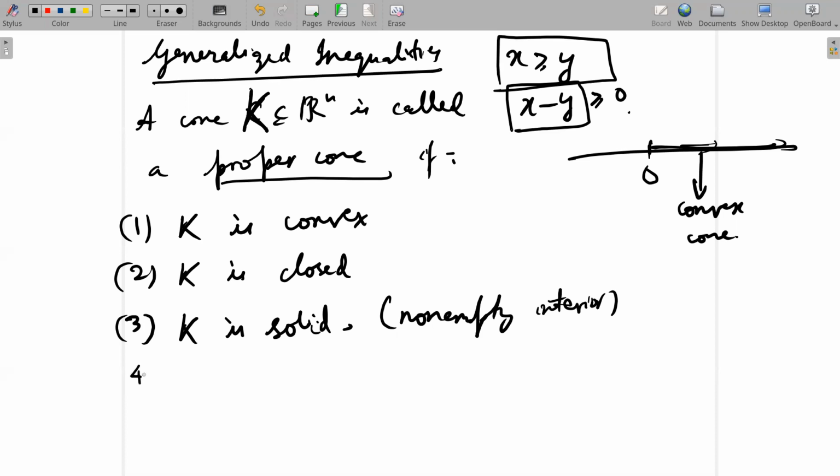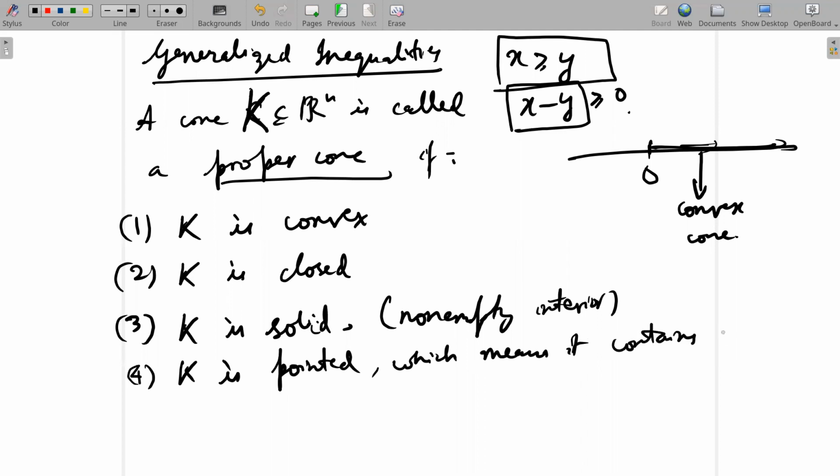Okay, 4. K is pointed, meaning it does not contain any lines in it, which means it contains only rays from the origin, but no lines.